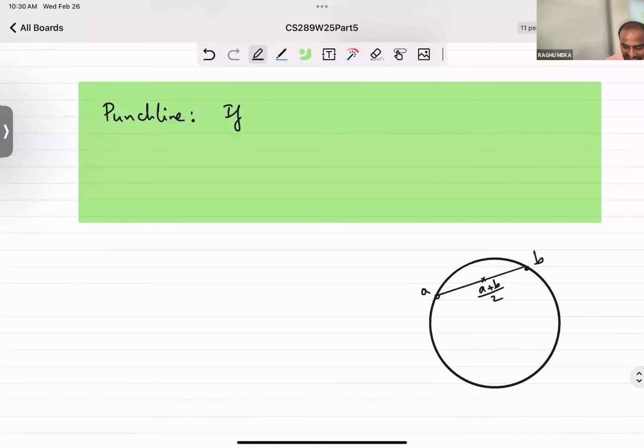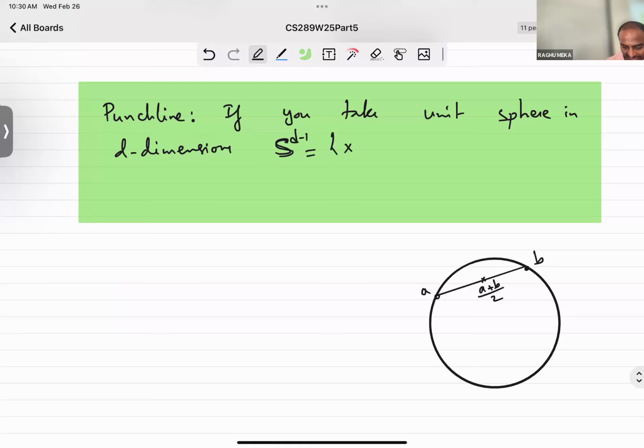So if you take the unit sphere in d dimensions, this is S^(d-1), which is all x1 through xd such that the summation of xi squared equals 1.